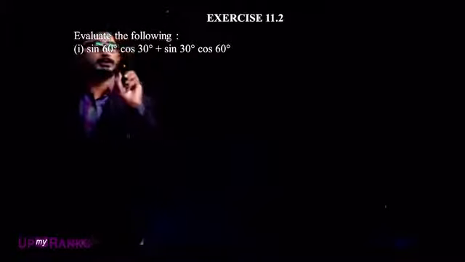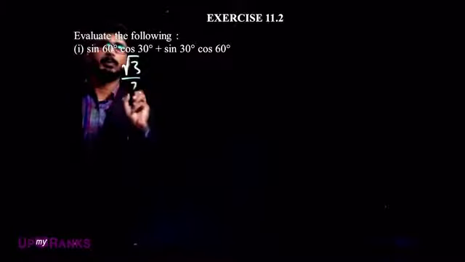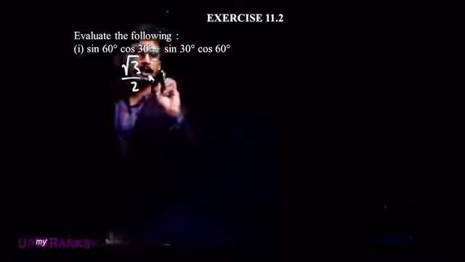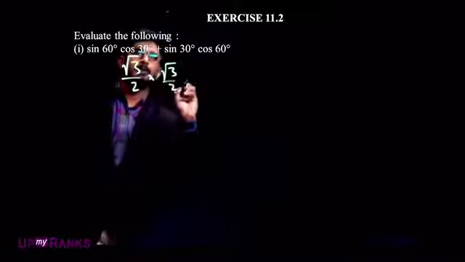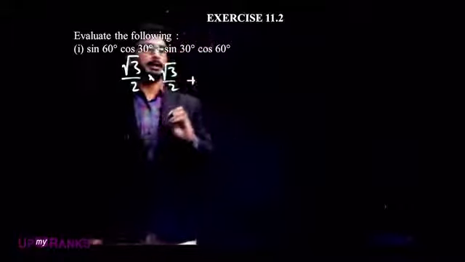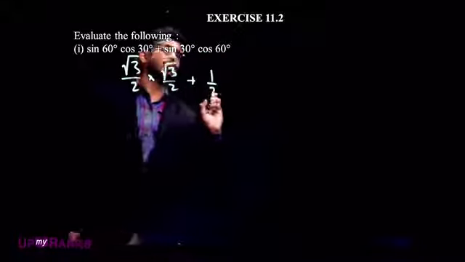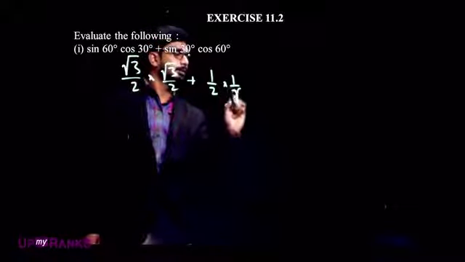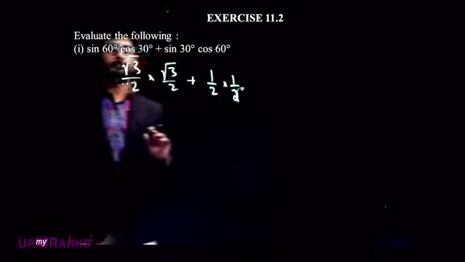Sine 60 degree is root 3 by 2 into cos 30 degree. Cos 30 degree is again root 3 by 2 plus sine 30 degree. Sine 30 degree is nothing but 1 by 2. Cos 60 degree is 1 by 2. So we have it like this.